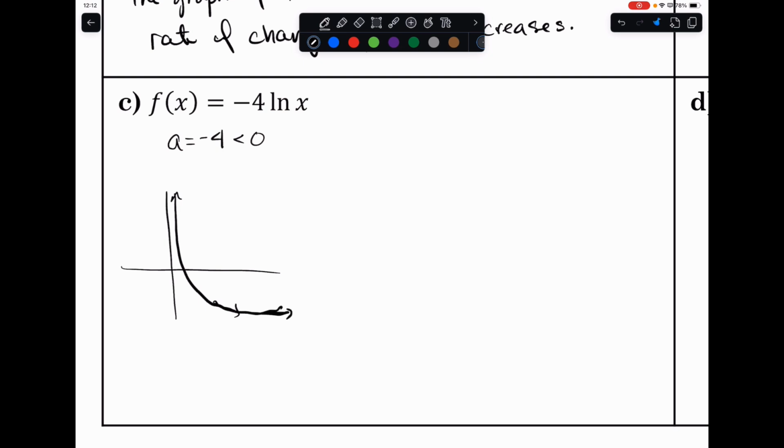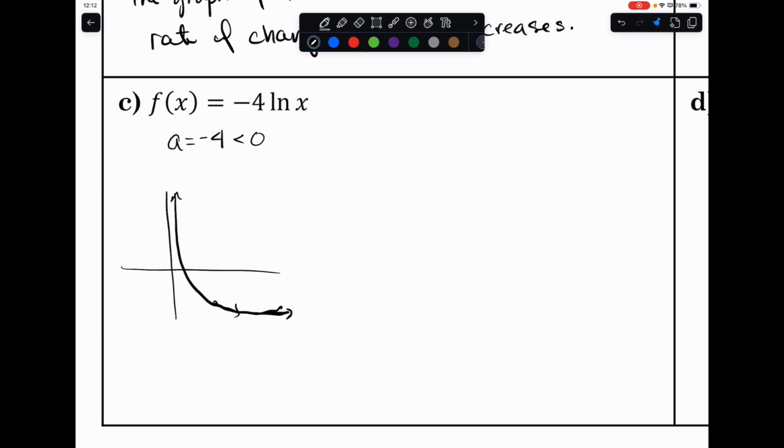That's the only way that a log function can decrease. Of course, if we do a negative value here, then things change, but we're not going to be focusing on that. We're only going to be focusing on whether this is positive or negative.